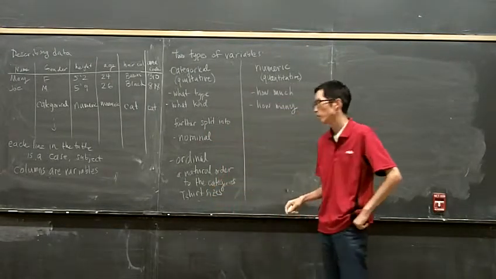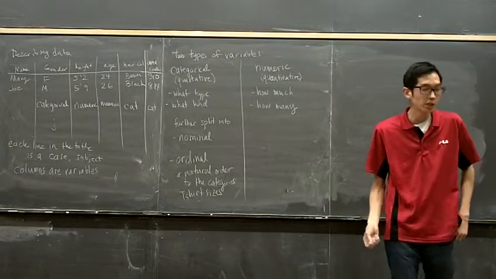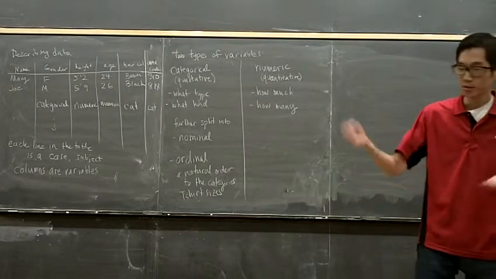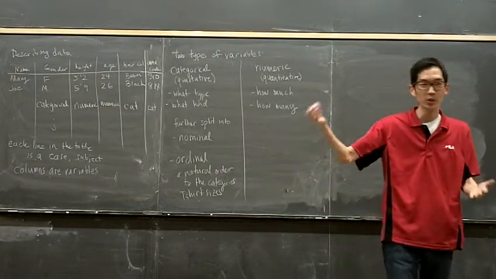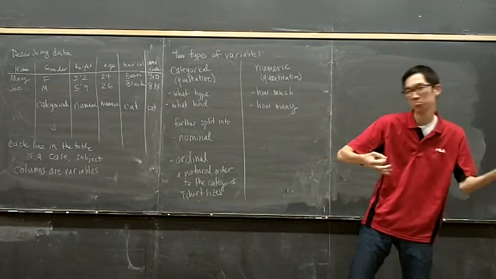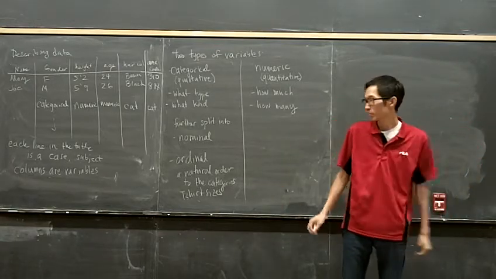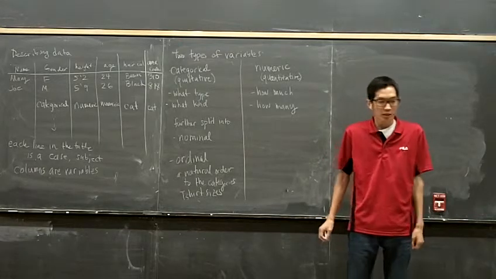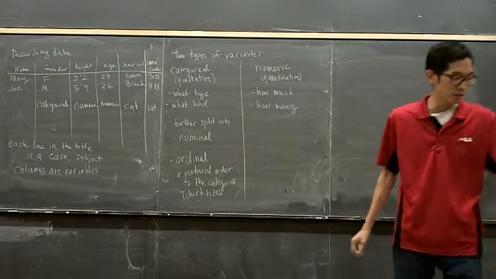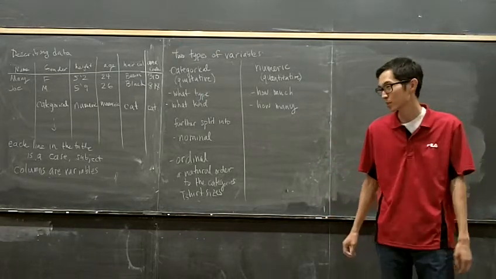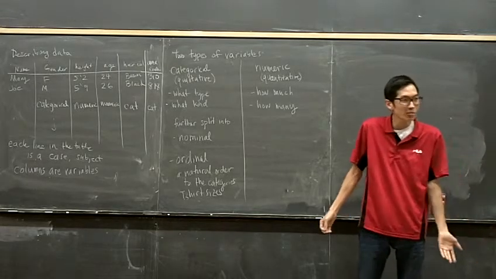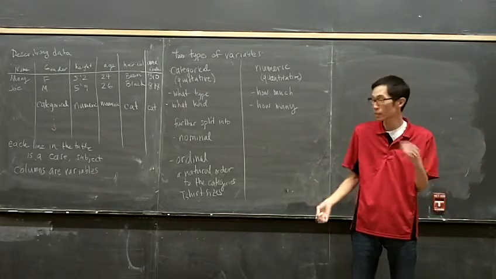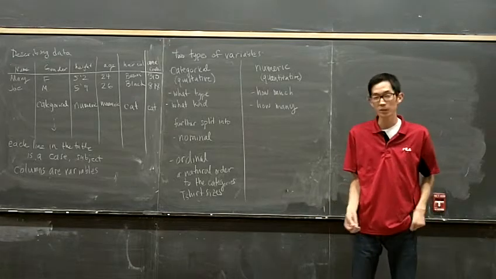But nominal ones, like gender: should it go male, female, or female, male? Maybe by society, we're accustomed to male, female. I don't know. But there's no natural ordering for nominal categories.